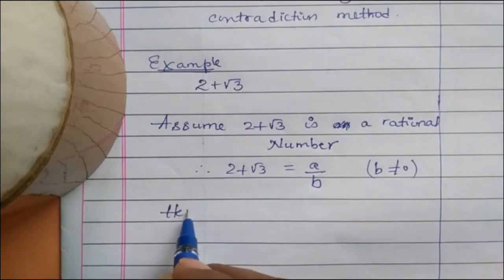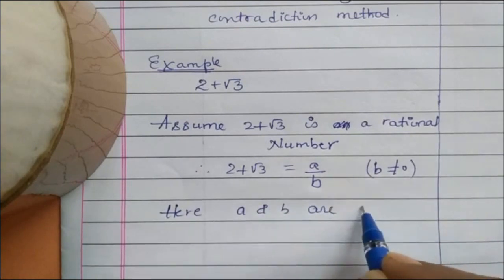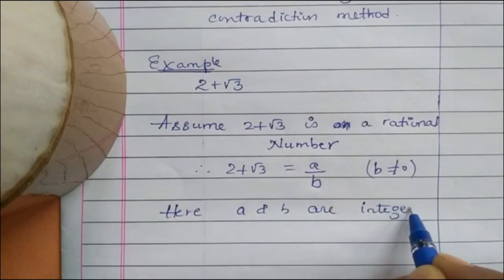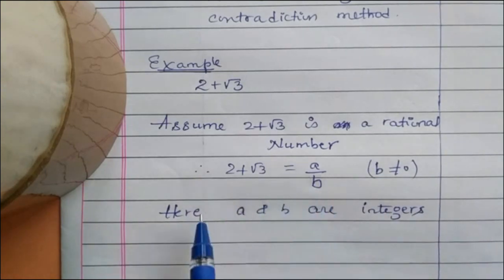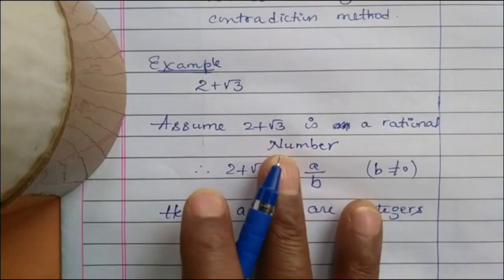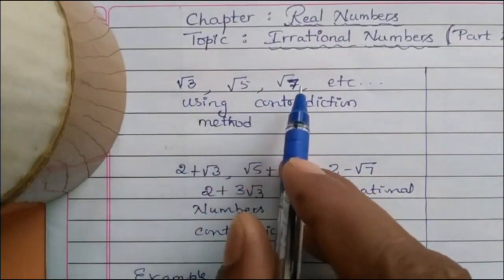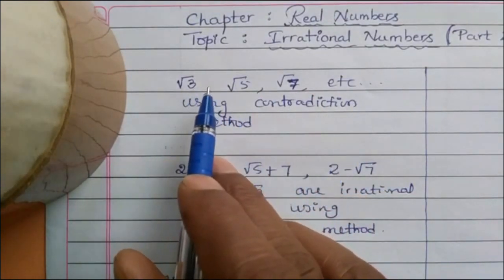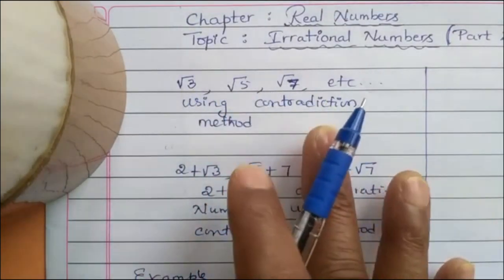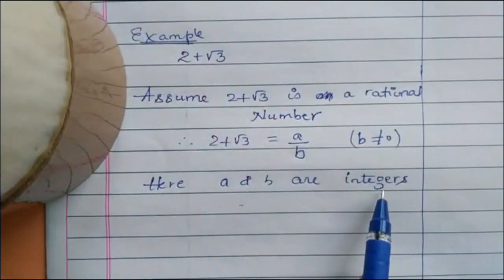So here a and b are integers. In 2 plus root 3 is equal to a by b, here a and b are integers. In proving root 3, root 5, root 7, etc. using the contradiction method, we equated root 3 or root 5 or root 7 to a by b, where we specified a and b are co-primes.